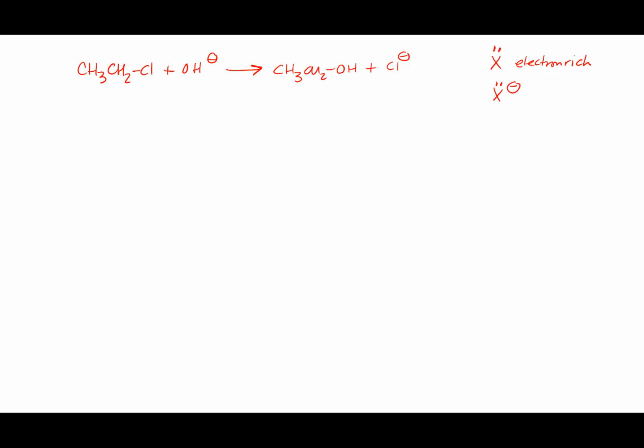Those species we, in general chemistry, would have called Lewis bases, right? They were donating electrons to the H plus, that's a Lewis acid that could accept it. But in organic, we have a totally different set of terms. We call this a nucleophile.